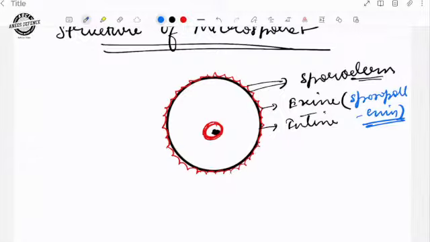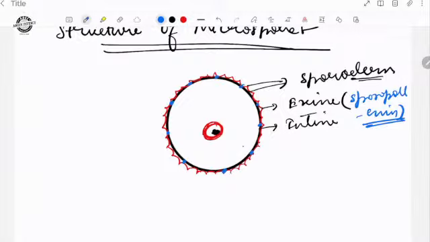Understood? So how do the things required by the cell come inside? To understand this, look at this: there are small holes in that surface through which required elements are transferred, but not everything is transferred.